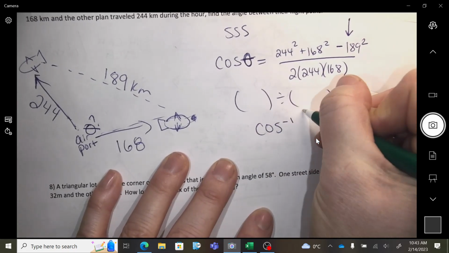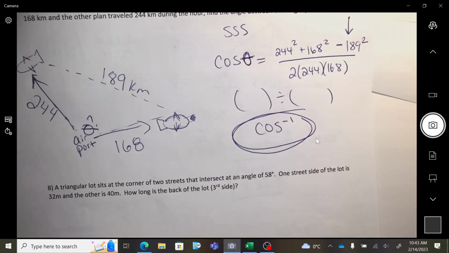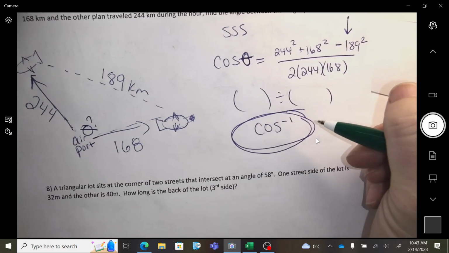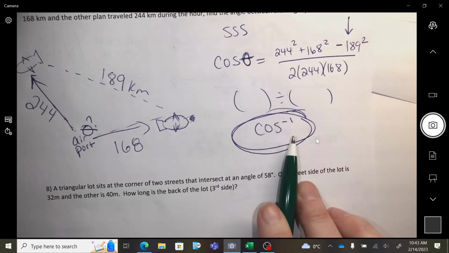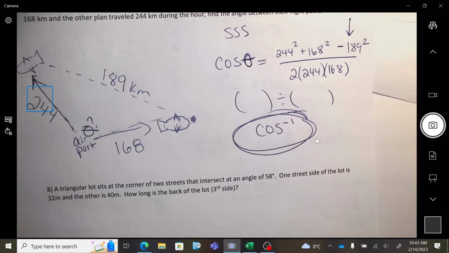Again, on a test, sometimes when your brain isn't thinking at the end of a test, make sure you're still cos-inversing this. I know that your sine is like where your finger always wants to go for some reason. You need to bracket the first part. You need to say the whole top in brackets divided by the whole bottom.